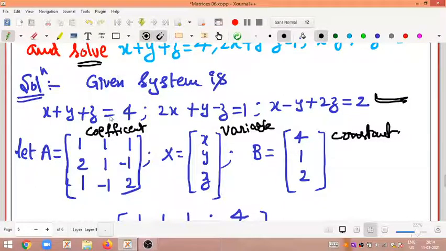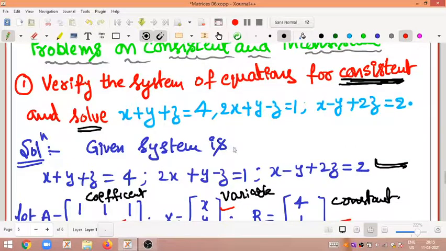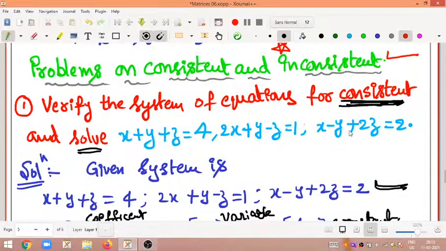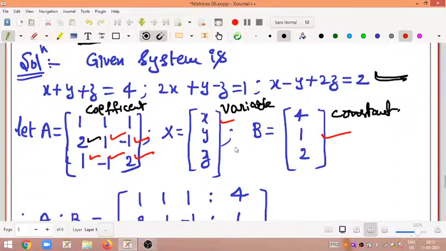Similarly, in the second equation, x coefficient is 2, y coefficient is 1, z coefficient is minus 1. In the third equation, x coefficient is 1, y coefficient is minus 1, z coefficient is 2. The variable matrix x, y, z you write column wise, and the constant matrix 4, 1, 2 column wise. So, my dear friends, we want to find whether the given system is consistent or not. For this purpose, we want to write the augmented matrix.